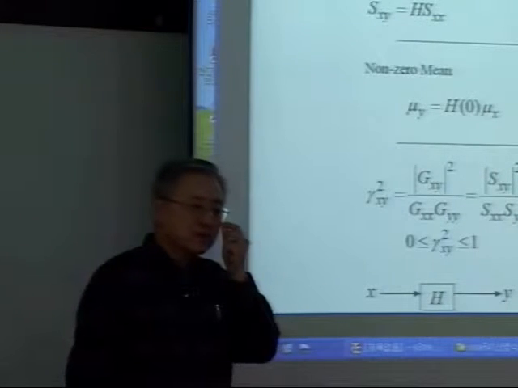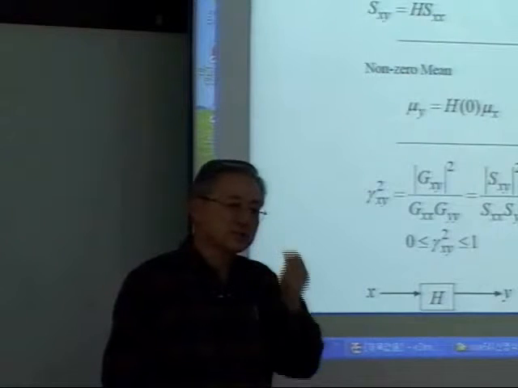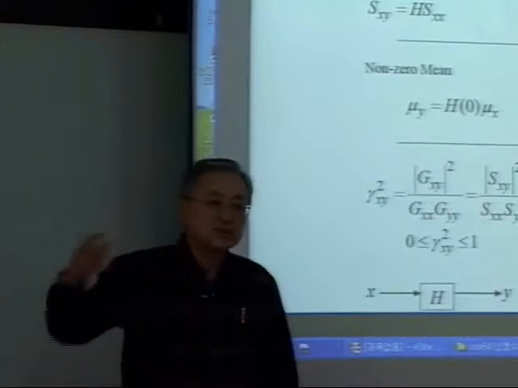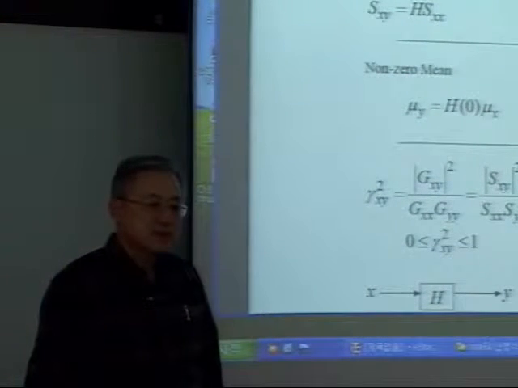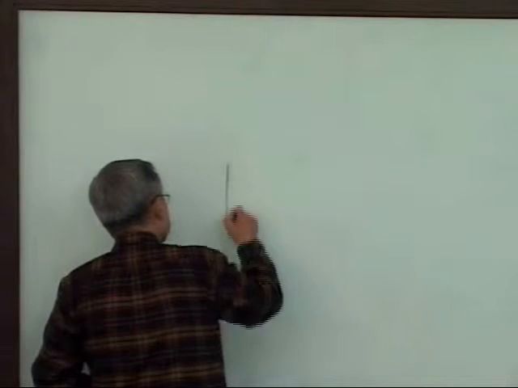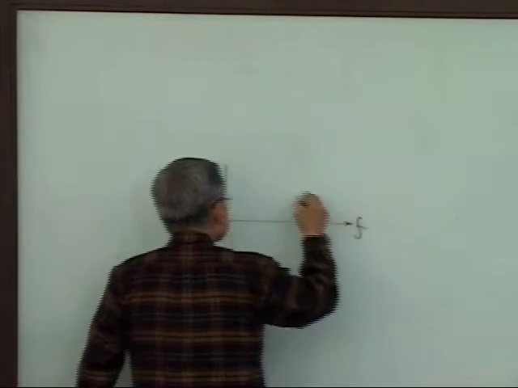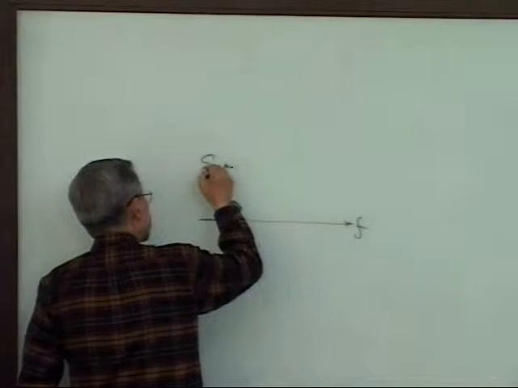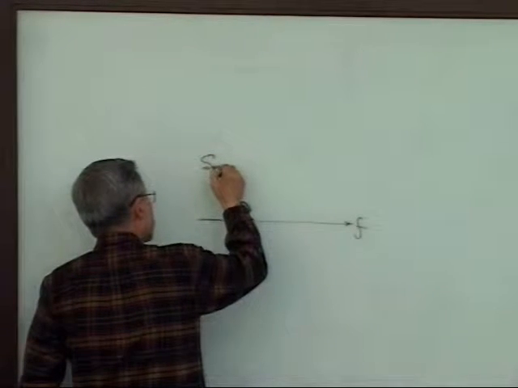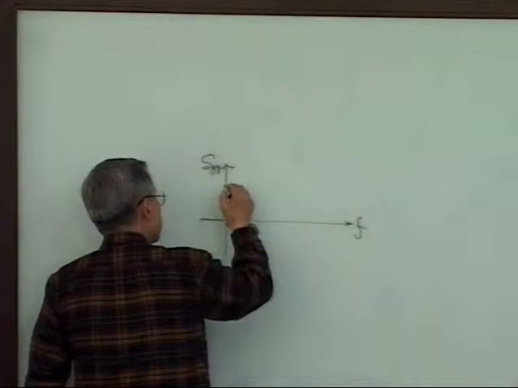It is at f equal to 0. When f is not 0, that's a sinusoidal function. So the only thing we're concerned with for the mean value is this. This is like S_YY, with f equal to 0.